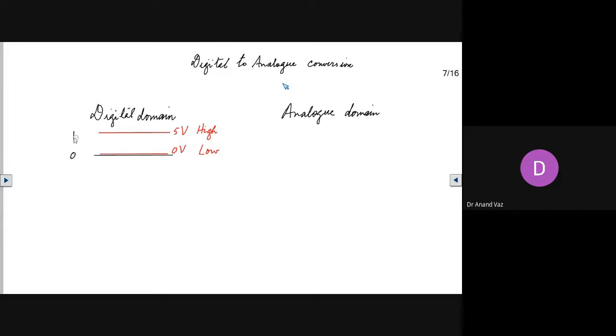We could also say this is true or false, or on or off. So these are discrete states in the digital domain.